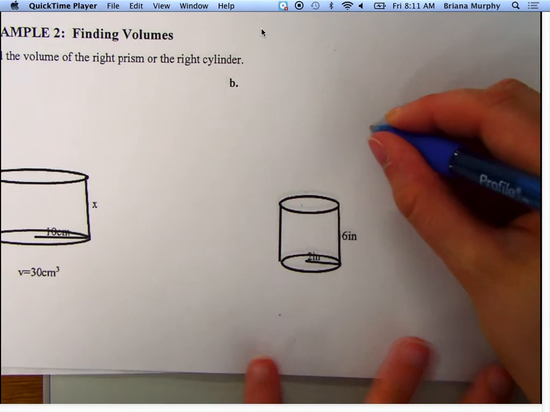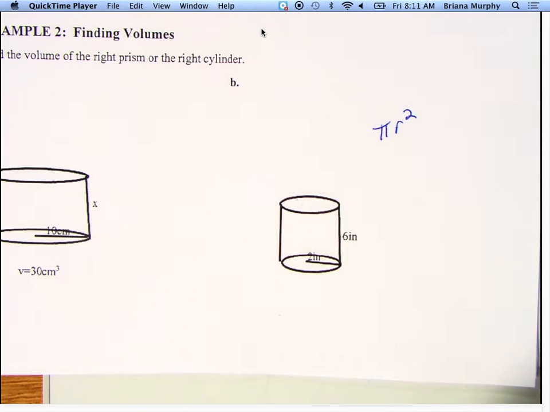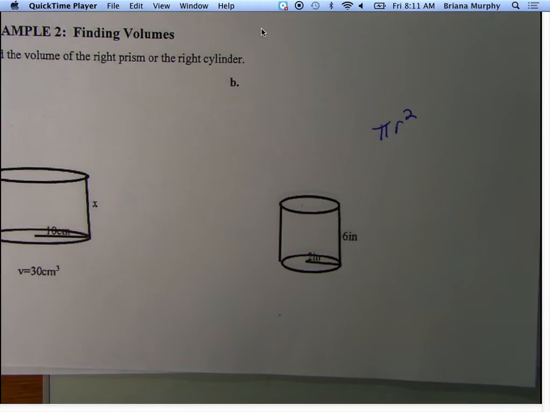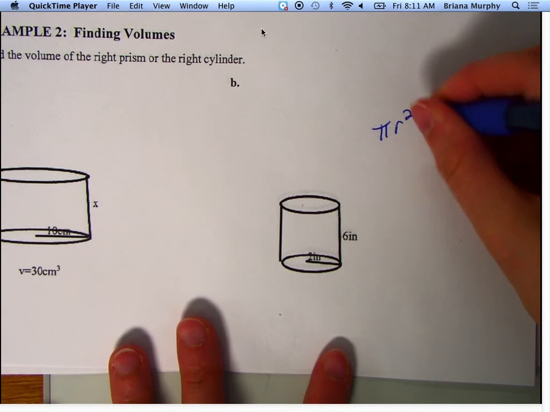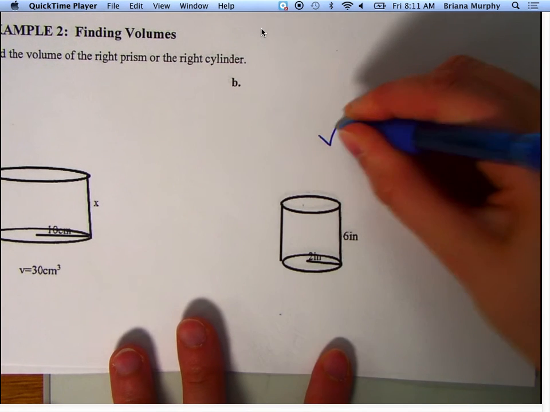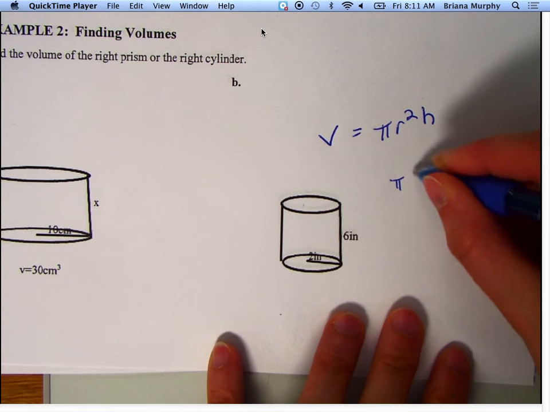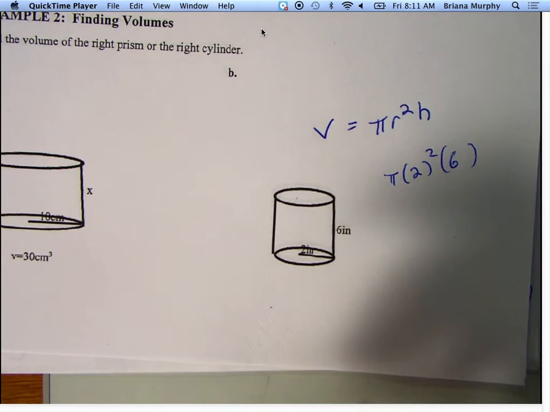Pi r squared, because we want the area. And then we want to stack those circles from the top to the bottom. So what would we do? Times by the height. That is the volume of a cylinder: the area of the top times the height. So that's pi 2 squared times 6.